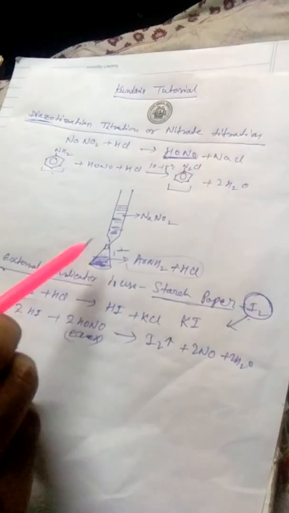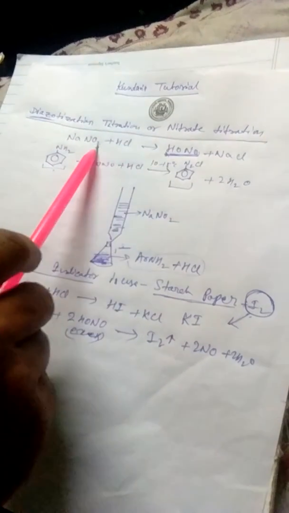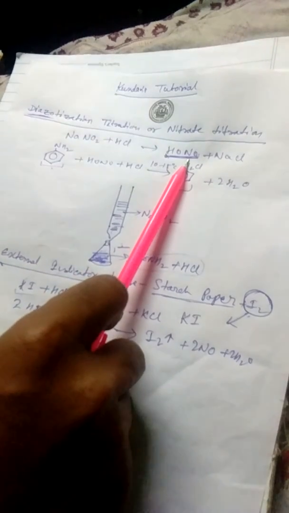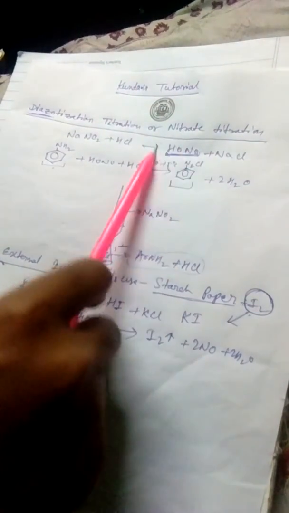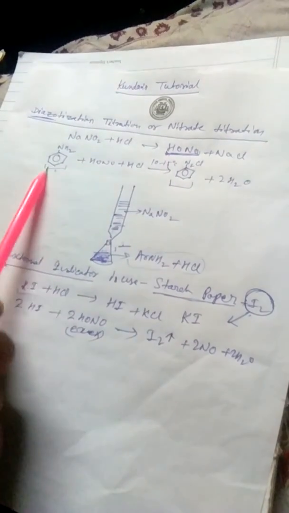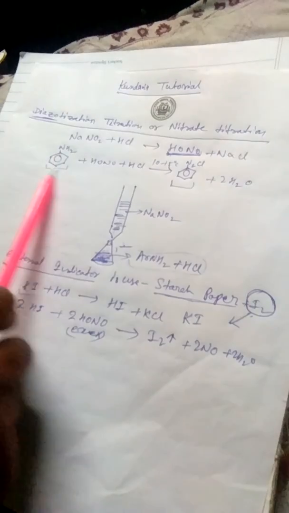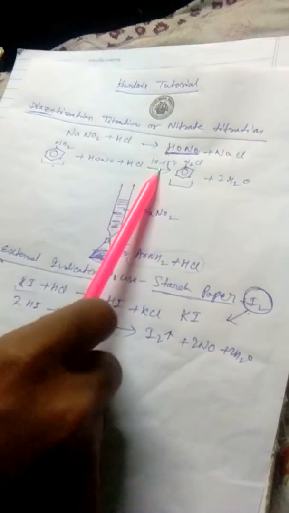In the diazotization reaction, this NaNO2 reacts with HCl to produce HONO. As much HONO is produced, this HONO reacts with primary amine. So all primary amine will be neutralized by HONO up to a certain extent.